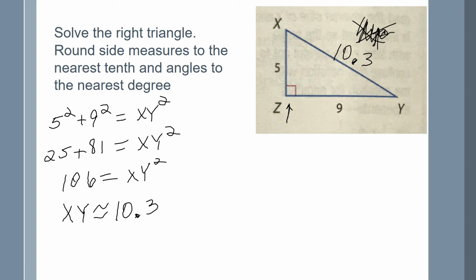So the tangent -1, we're finding the inverse, we're finding the angle measurement, of the opposite, which is 9, over the adjacent, which is 5, equals the measure of angle x. So take out the handy dandy calculator, and I use my inverse tangent, and I've got 9 divided by 5 plugged in, and I get 60.94, so 60.9 degrees.